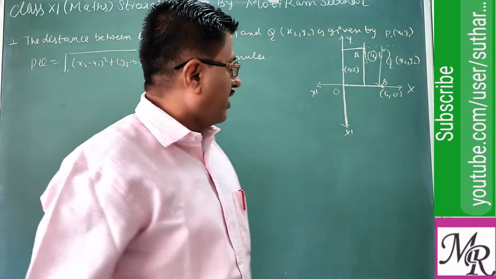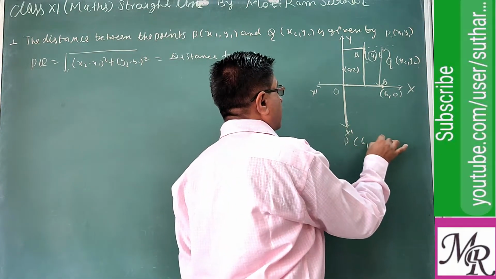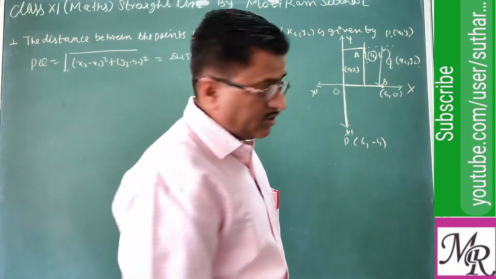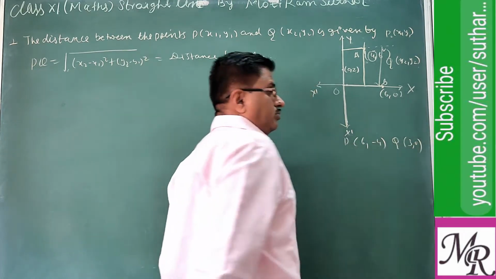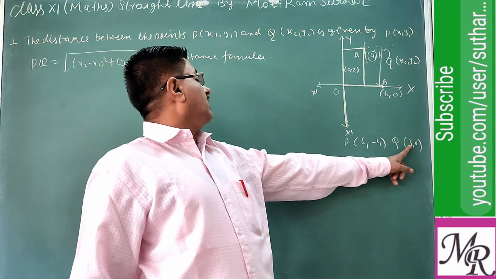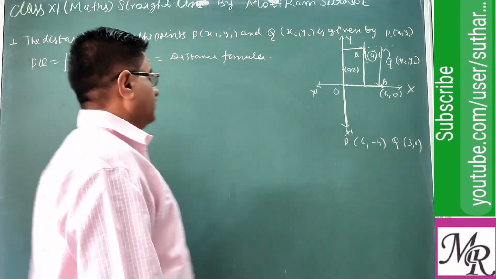Suppose you want to find the distance between the point P with coordinates 6, minus 4 and Q with coordinates 3, 0. Here this is x2 minus x1, y2 minus y1.